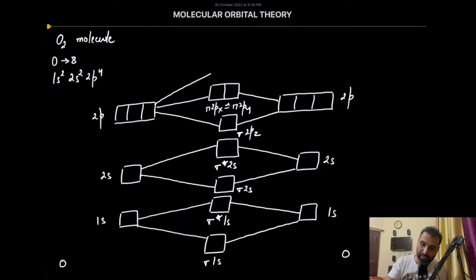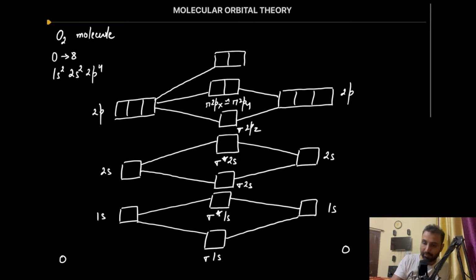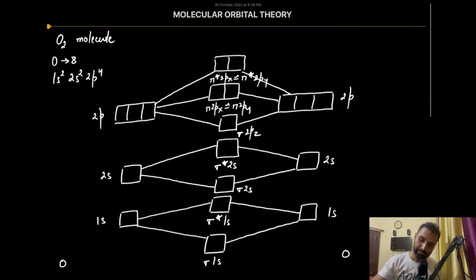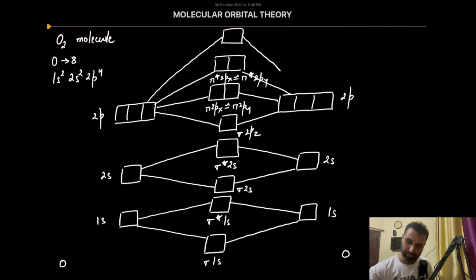Then we will get the anti-bonding molecular orbitals forming pi bonds, and they will be named as pi star 2px and pi star 2py, and finally we will get the antibonding molecular orbital of 2p and 2p forming sigma bond, and that's sigma star 2pz. So this is the molecular orbital diagram up to 2p.